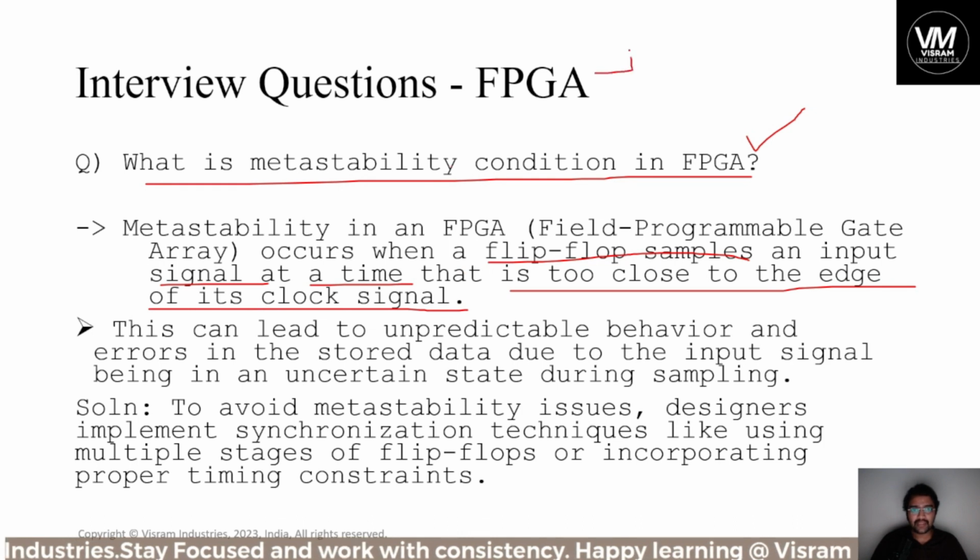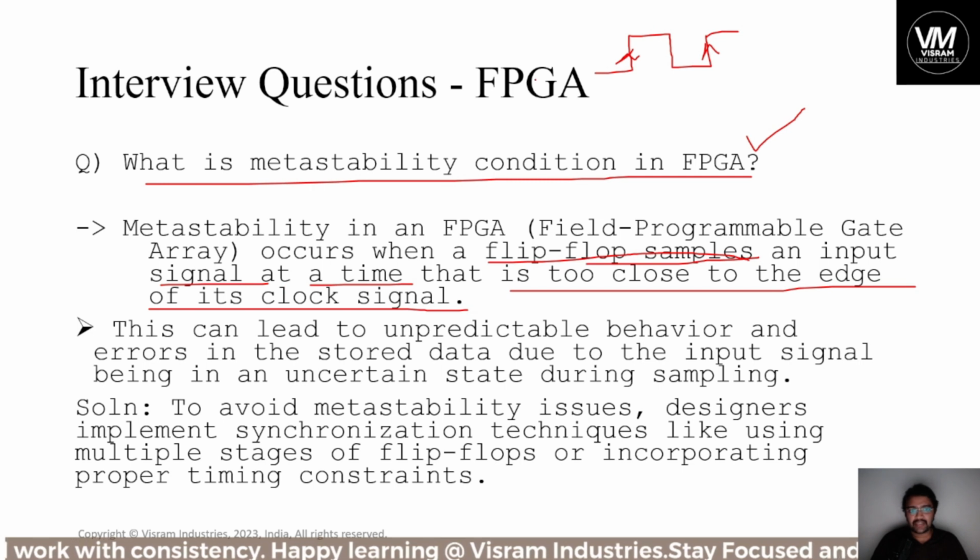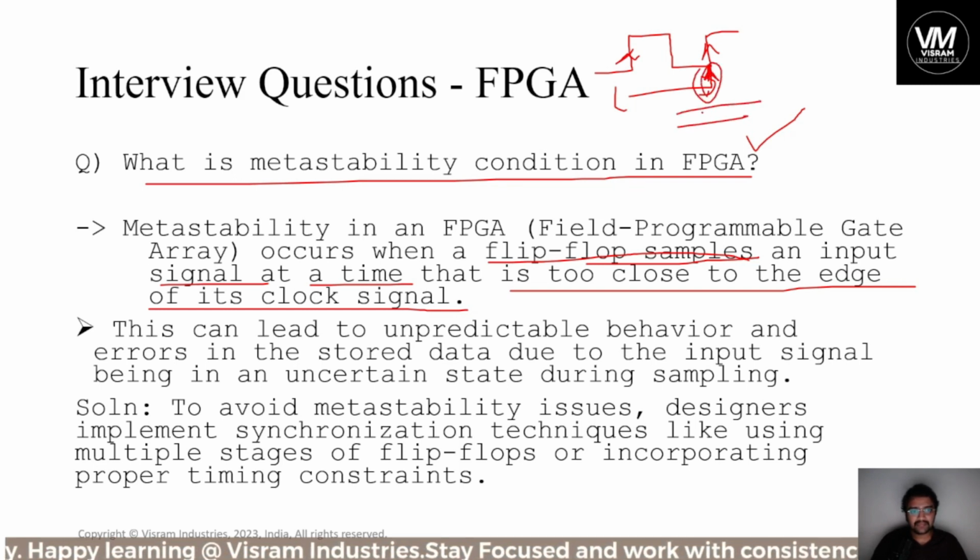For example, if you have a clock signal with positive edge, and the D flip-flop samples an input signal at a time. Most of the samples are relying at the same edge of the time, and at that time it has some inconvenience in reading the data. It might mismatch, it might lose some data with more number of inputs at the particular instant of time.